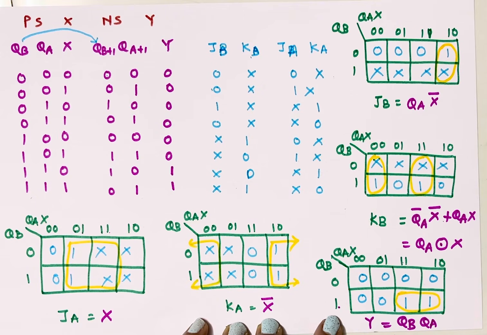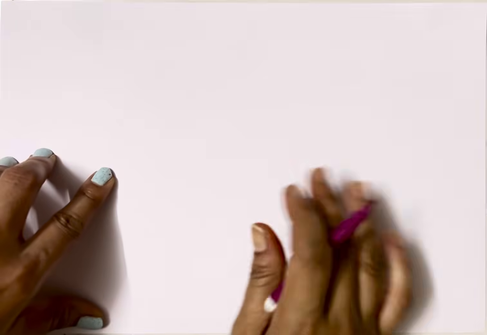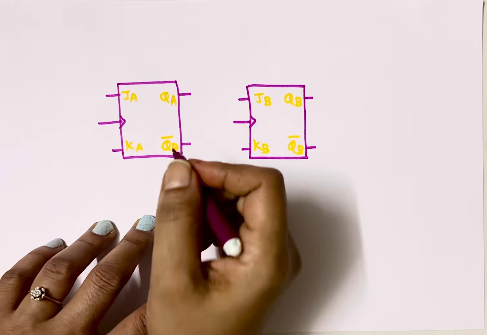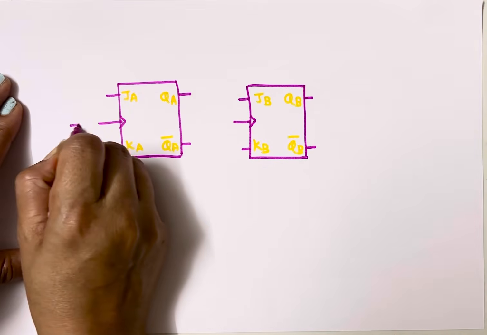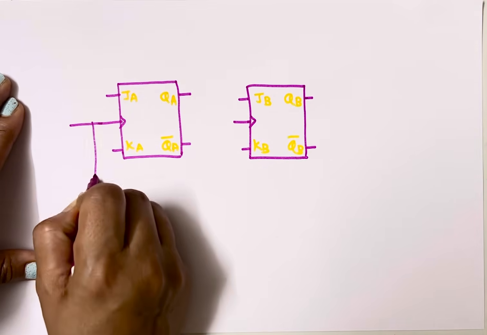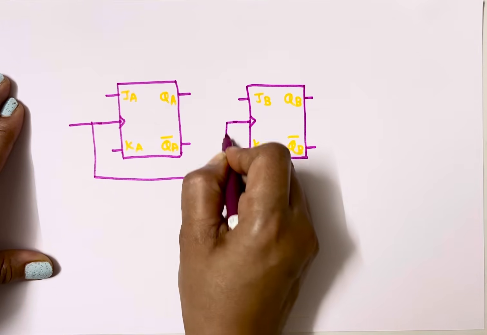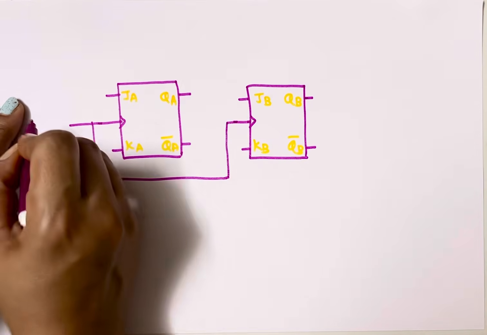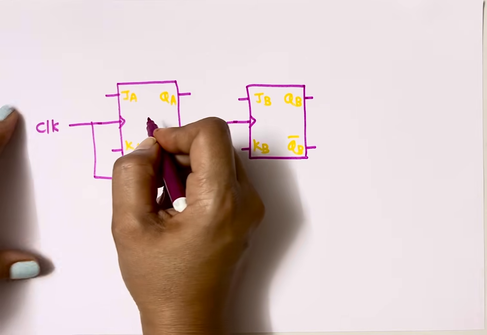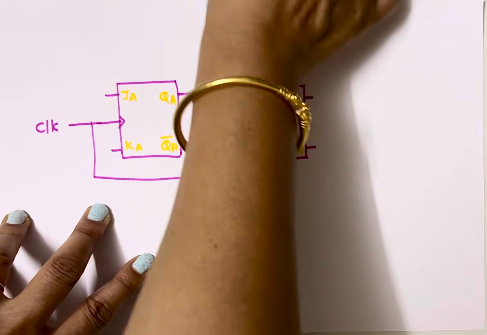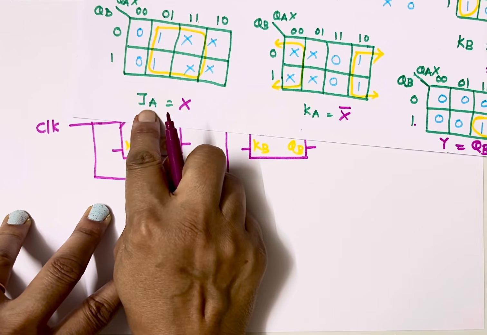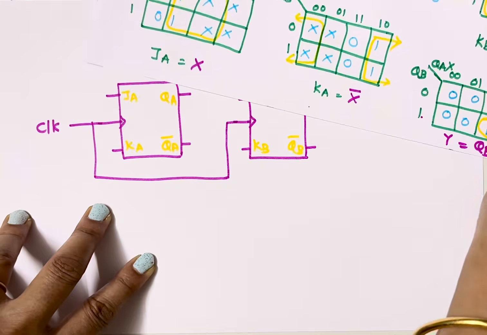Now let's implement this. Let's take two JK flip-flops. Here a single external clock will connect to both flip-flops because this is a synchronous circuit. The equation for JA is X and KA is X bar.